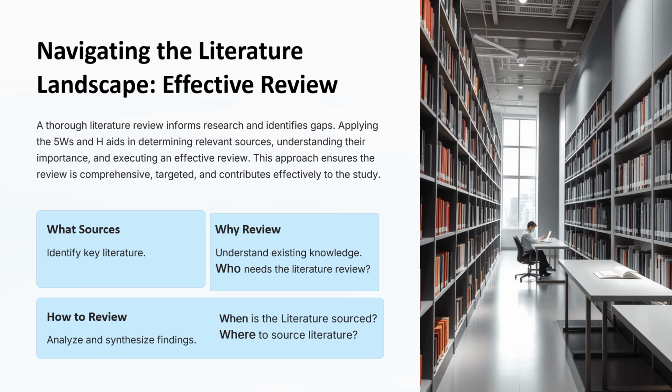You cannot be writing outside the scope of what you are going to dwell upon in your research. A thorough literature review informs research and identifies gaps. Applying the 5 W's and H would aid in determining relevant sources, understanding their importance, and executing an effective review. This approach ensures the review is comprehensive, targeted, and contributes effectively to the study.